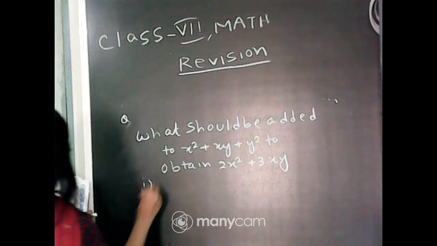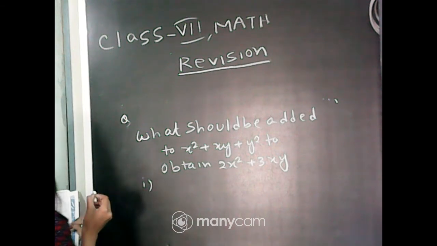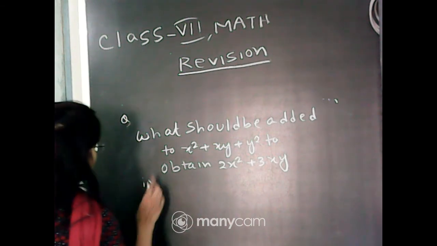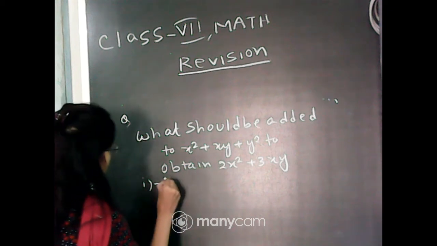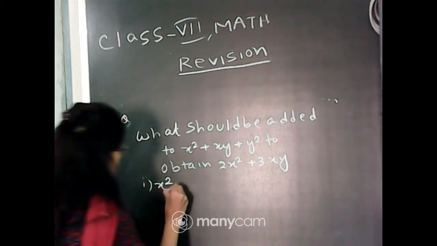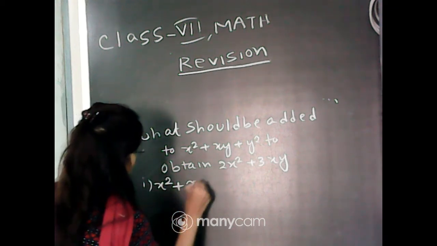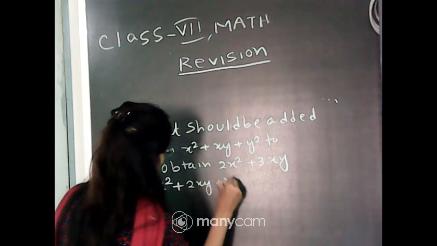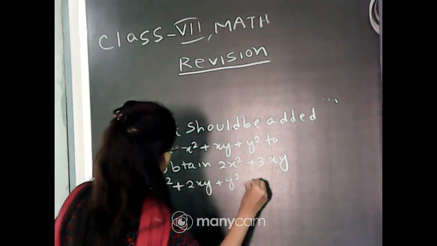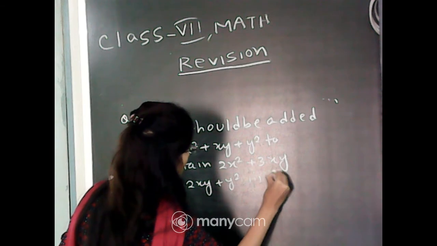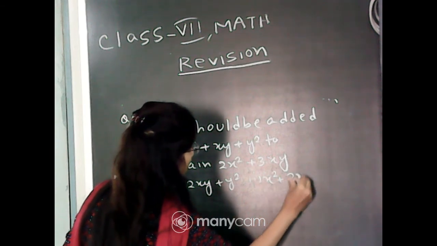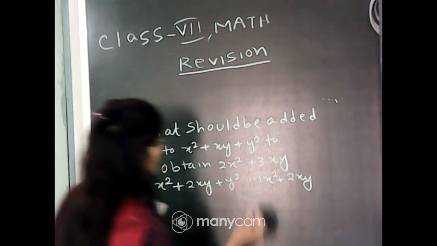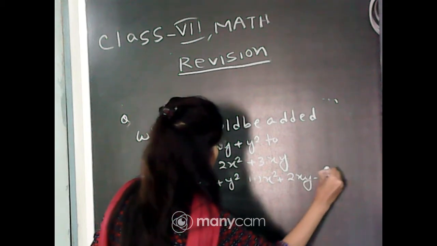First option is x square plus 2xy plus y square. Second option is x square plus 2xy minus y square.